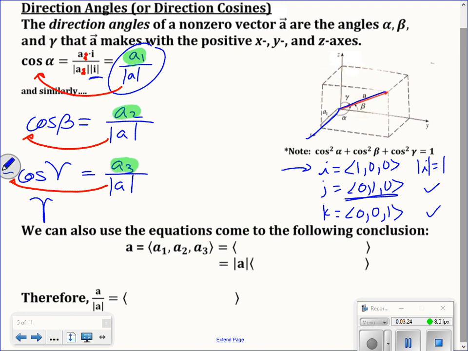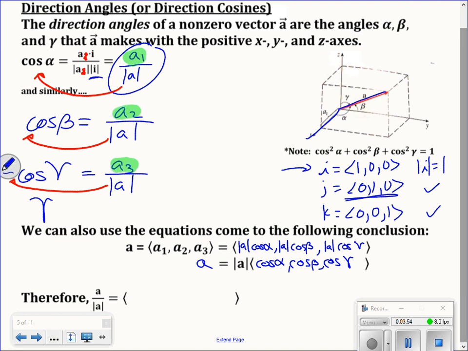So if I did that, I would have that a1, a2, and a3 are just the magnitude of a times the cosine of alpha, and then the magnitude of a times the cosine of beta, and the magnitude of a times the cosine of gamma. And then if I pull out the magnitude of a, I would have just cosine of alpha, cosine of beta, and cosine of gamma left over. All right, so this is all equal to vector a.